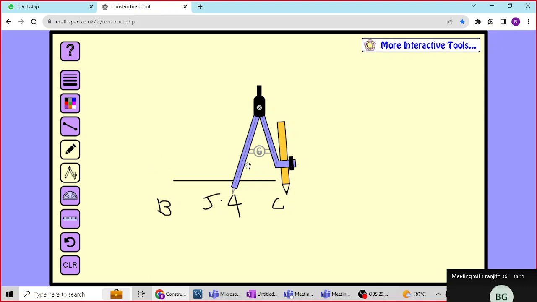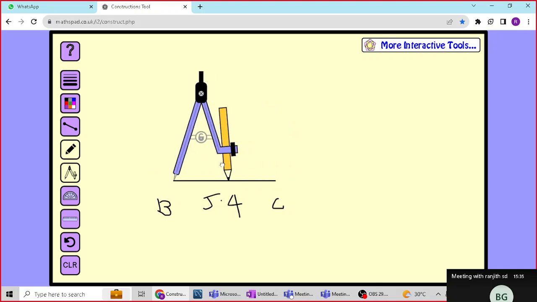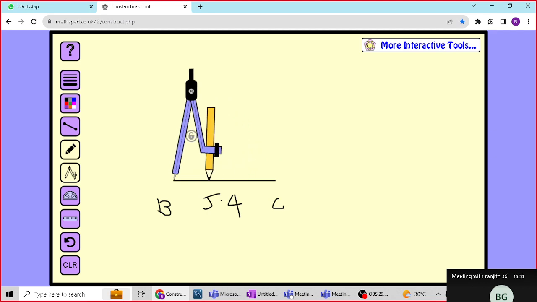Then construct 75 degrees. How do you construct 75? In between 60 and 90. So base is 5.4. You can take a 2.5 or 3 centimeter arc. The arc length can be 2.5 or 3.